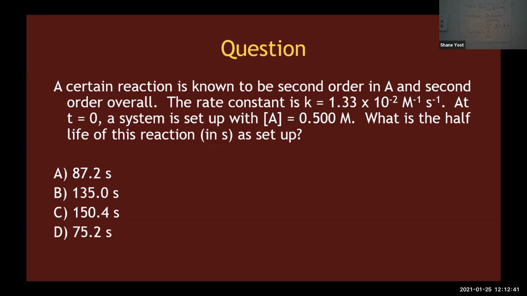The answer is C. The half-life for a second order reaction is just 1 divided by the rate constant times the initial concentration. So you take 0.5 times 1.33 times 10 to the minus 2, and take the reciprocal of that number, and you will get 150.4 seconds.